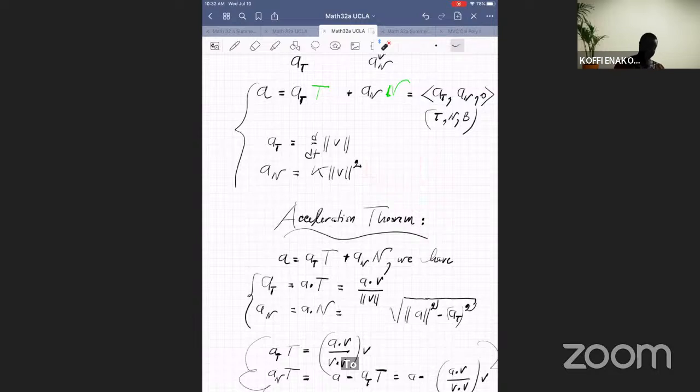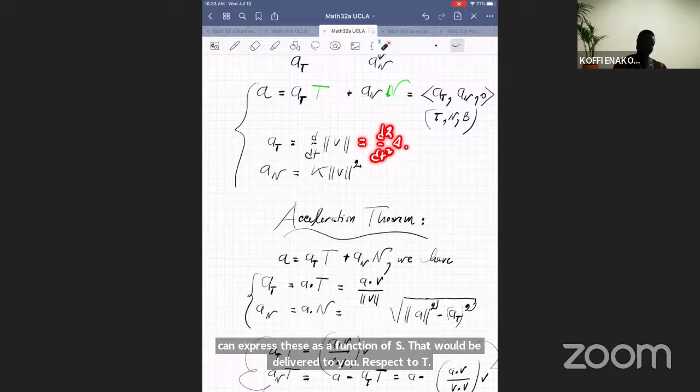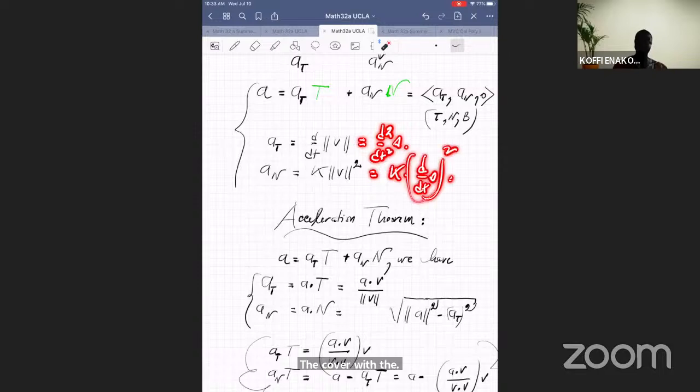The tangential component is the derivative with respect to t of the magnitude of v. And the normal component you can express as a function of s: the curvature times the derivative of s with respect to t, raised to the square. And that's it.